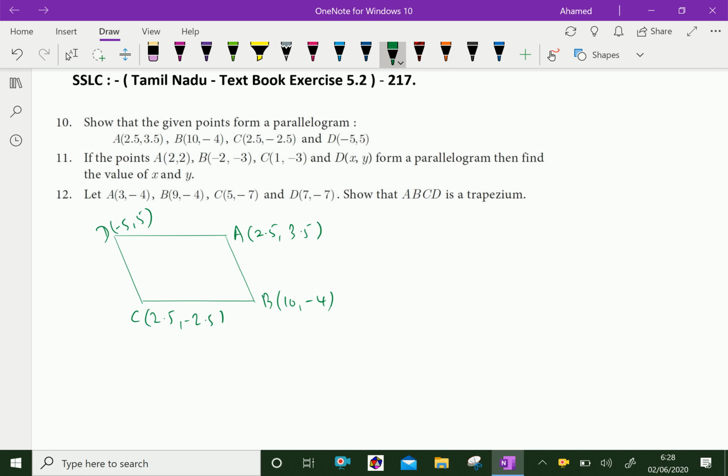Here, note that the figure is not to scale. Now, let us find the slope of each line.